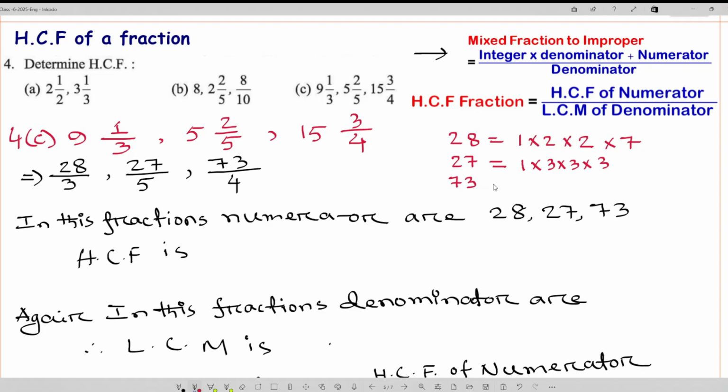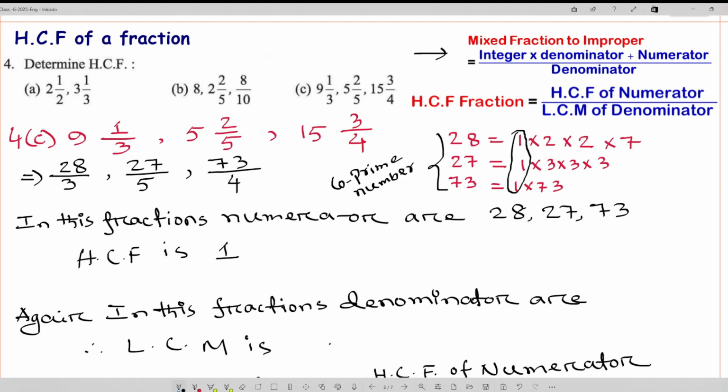And 73 is a prime number, therefore we can write 1 times 73. So the numbers are co-prime, because the only common factor is 1. So the HCF is 1.